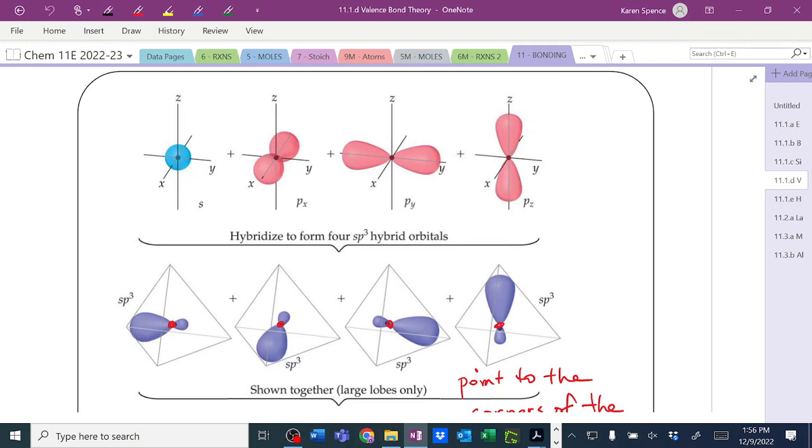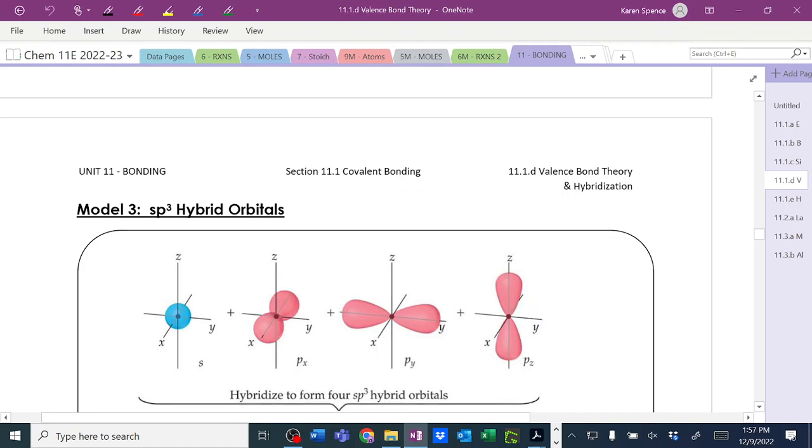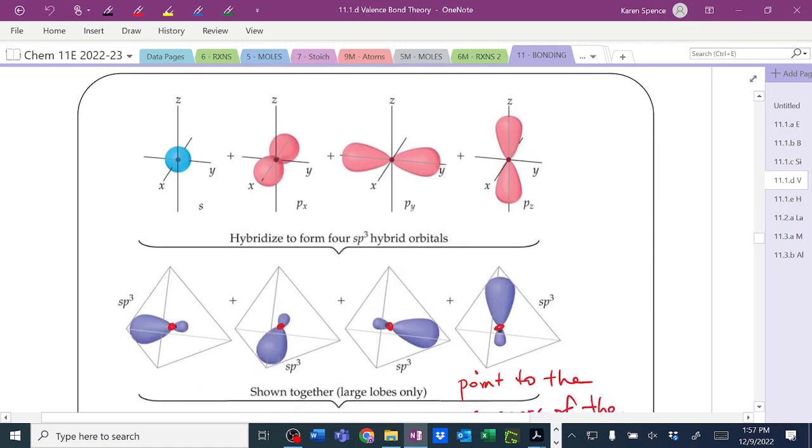So if I have 4 unhybridized orbitals, an s and a px and a py and a pz, how many hybridized orbitals will I get out of that when I shake them up? 4. Okay? So you don't end up with any more or less orbitals than you had before. They've just all been shaken up in a blender so that they all have the same characteristic now, instead of being different from one another.